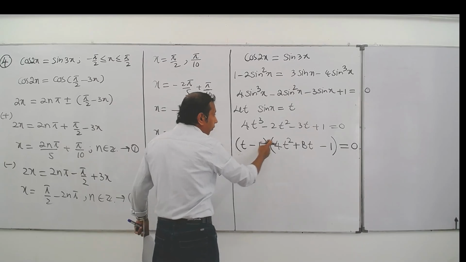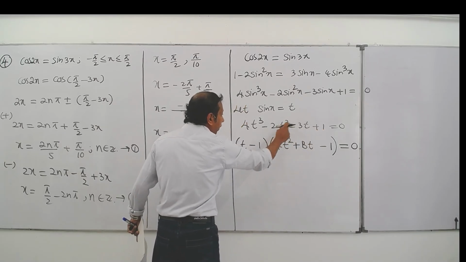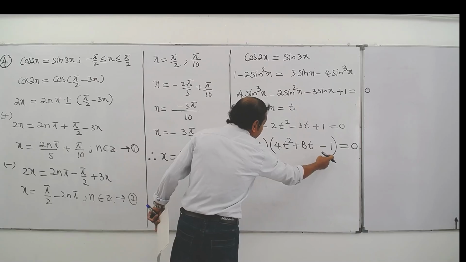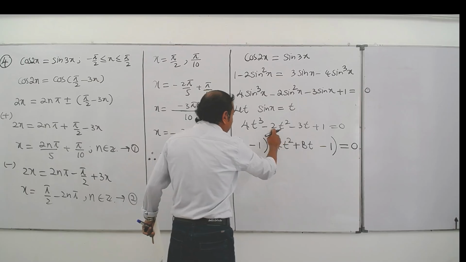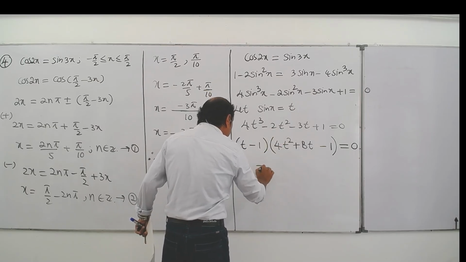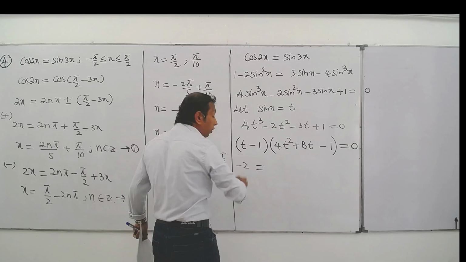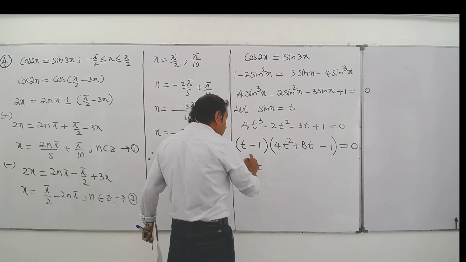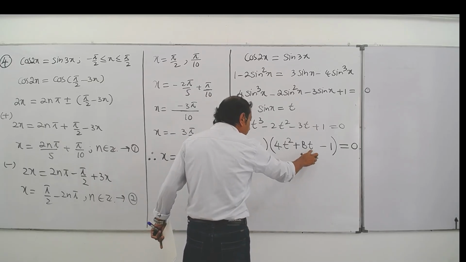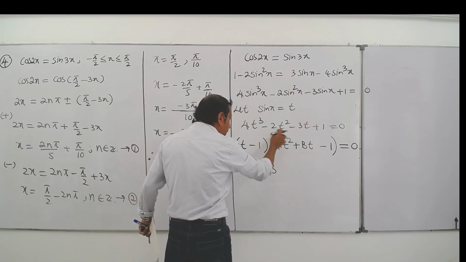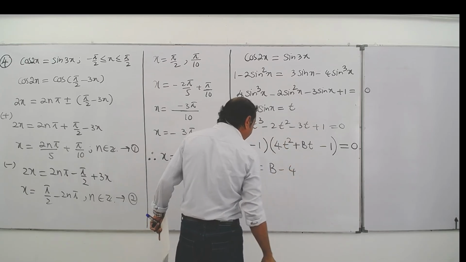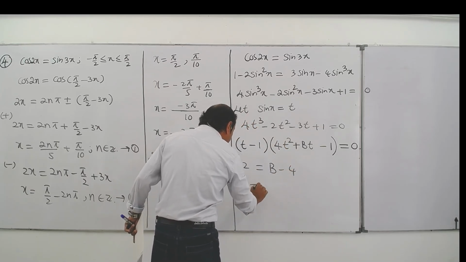The t squared coefficient in this should be equal to the t squared coefficient in the original. The t squared coefficient there is minus 2. In this product, I can find t squared coming in 2 ways. This and this when you multiply, we get the t squared coefficient b. This and this when you multiply, we get minus 4. Then taking this side, we get b is 2.